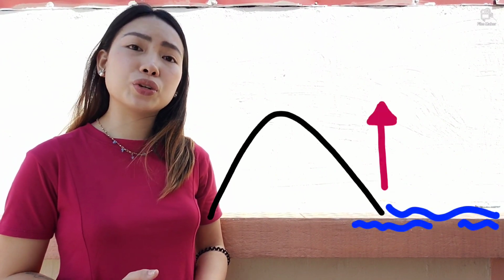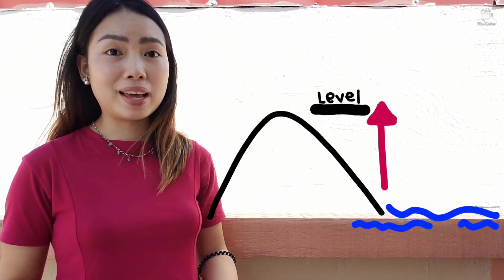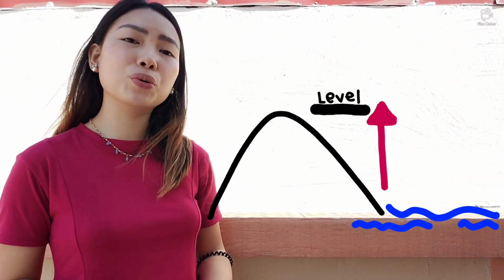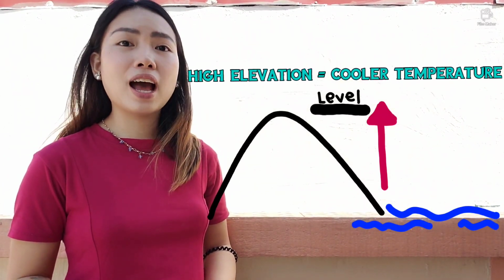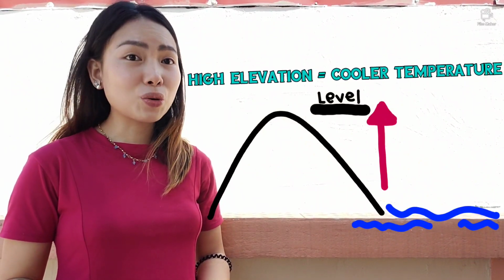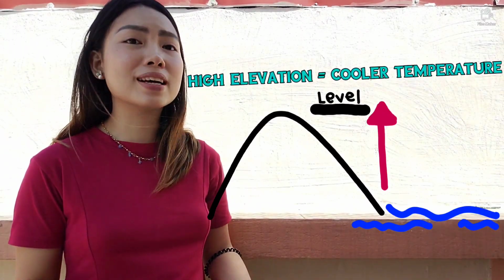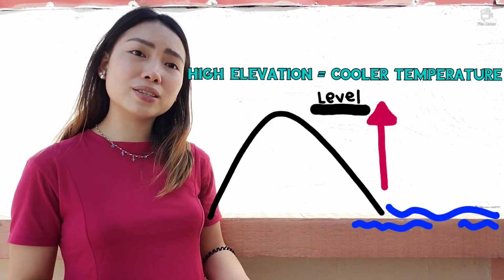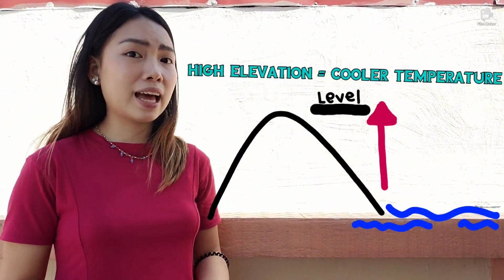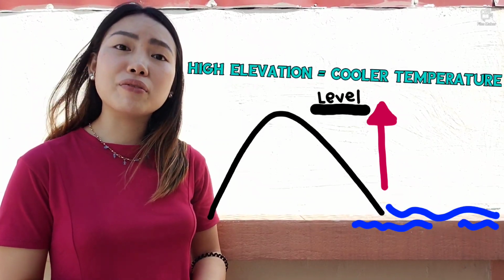As altitude affects the climate of an area, the higher the altitude or the elevation of a specific place, the cooler the temperature. Kapag mataas ang pwesto ng isang lugar, ang temperaturang mararanasan nito ay malamig kumpara sa mga places na mababa ang pwesto. So meaning to say, Baguio and Tagaytay have higher elevation compared to other places.